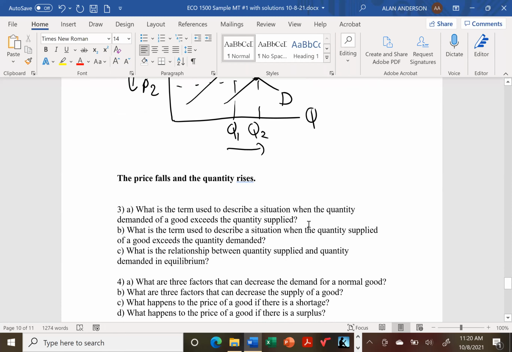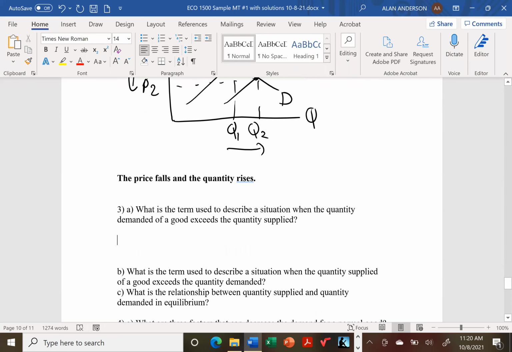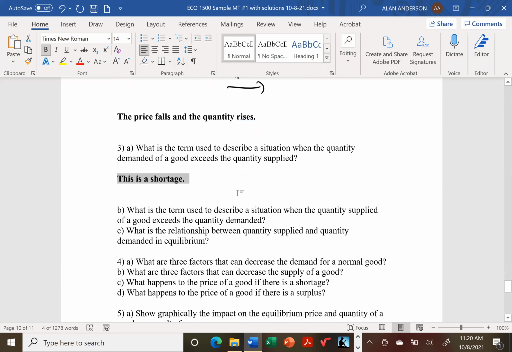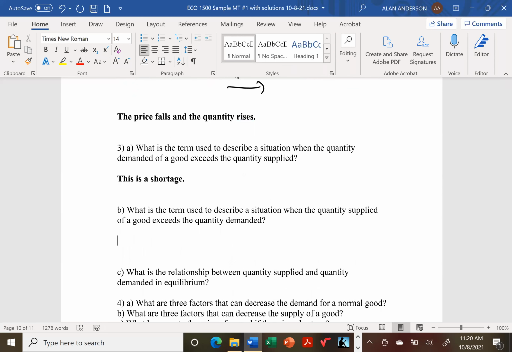Now, what term is used to describe the situation when the quantity demanded exceeds the quantity supplied? This is a shortage, okay? People want to buy more of the product than is being made available to them. On the other hand, what about the other opposite case?